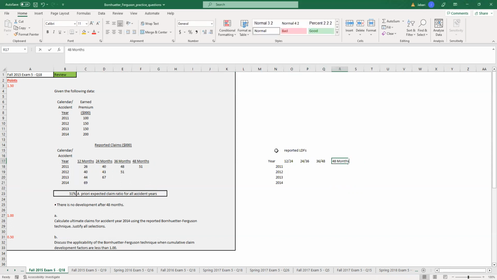Then for the total. And then the LDFs are just new month divided by old month, across all of them. We'll need to go out to 48, because 48 old, as they said in the problem, will be fully developed.